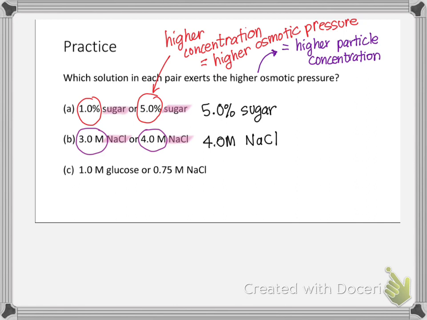Now, if you look at the next one, we have glucose, and we're comparing it with sodium chloride. When you have different chemicals, you see how that is different than A and B. Then we have to calculate the particle concentration.